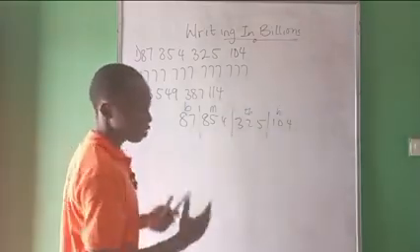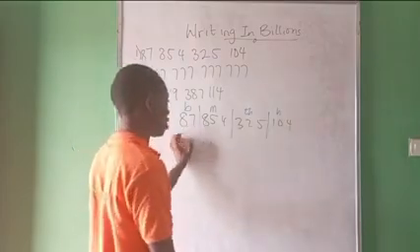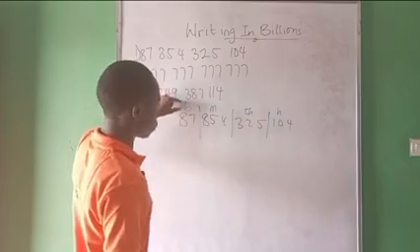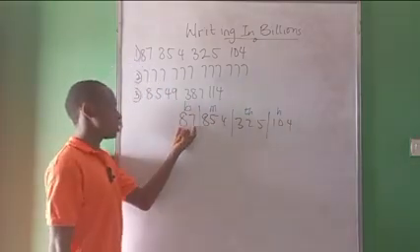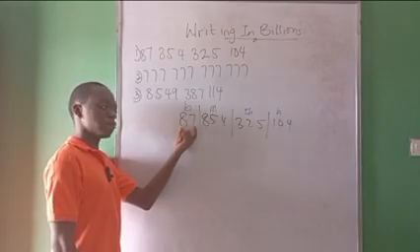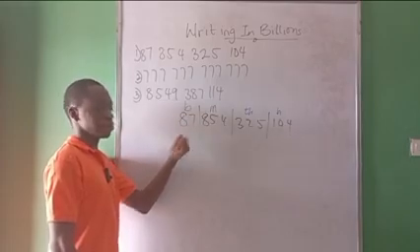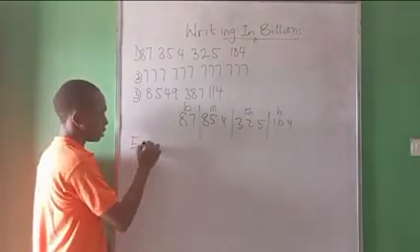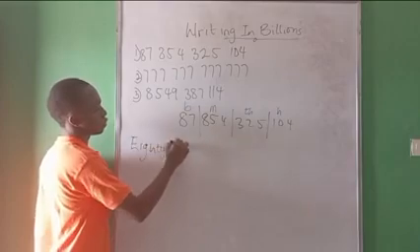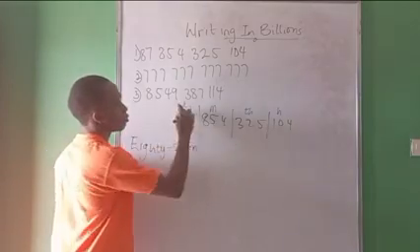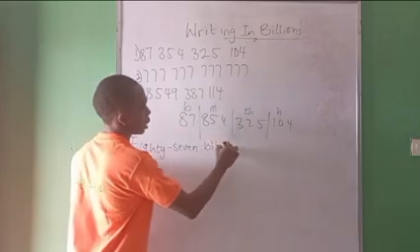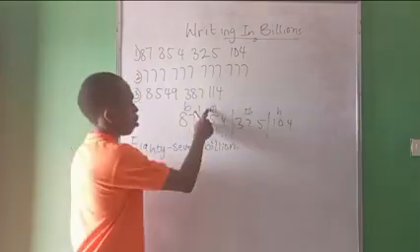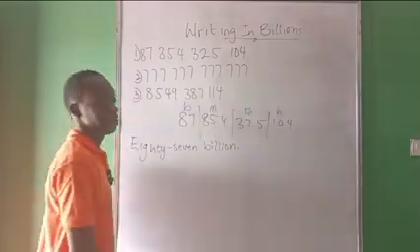Very simple. Like the last time, you look at the group of numbers under the group. So for this under billion, how many numbers are there? We have 2, which is 8 and 7. So 8 and 7 in words is 87. 87 what? 87 billion. Then under the million, how many numbers do we have?